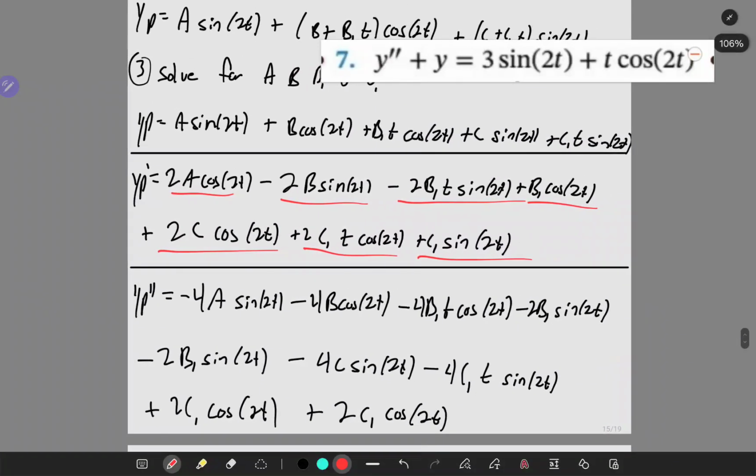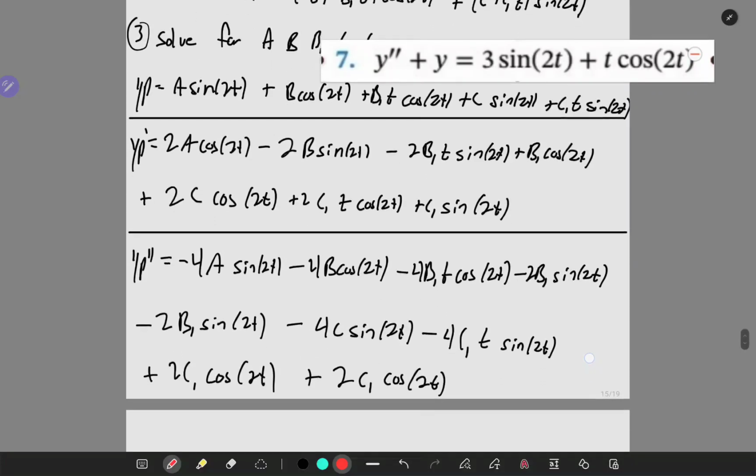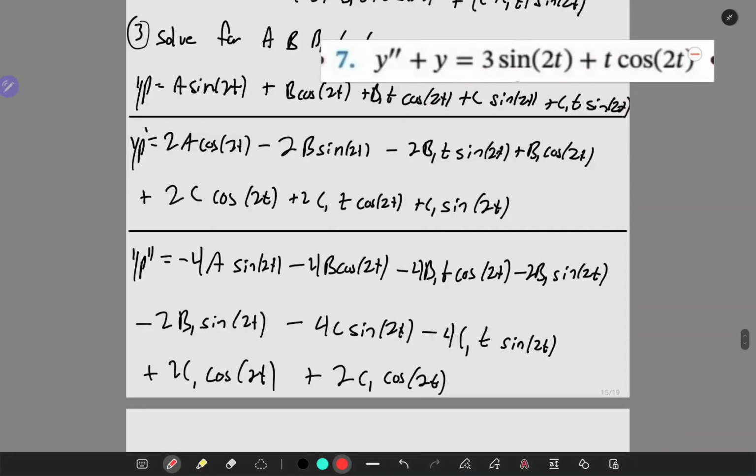This is quite something, isn't it? Now we have to plug these in, right? So we have to add y double prime to y, just to yp. So yp double prime plus y of p.